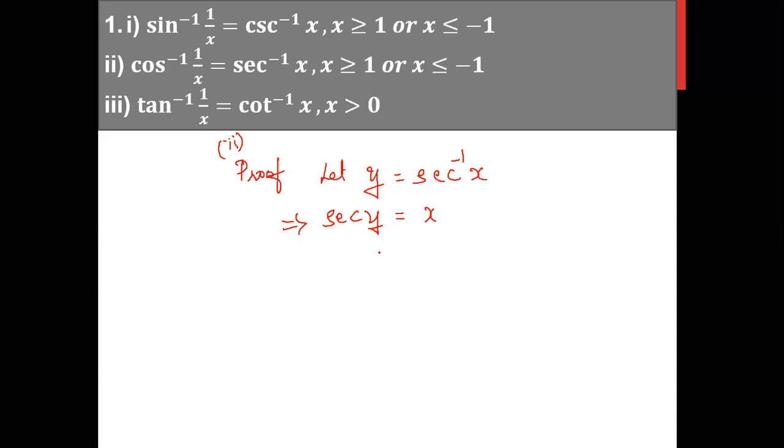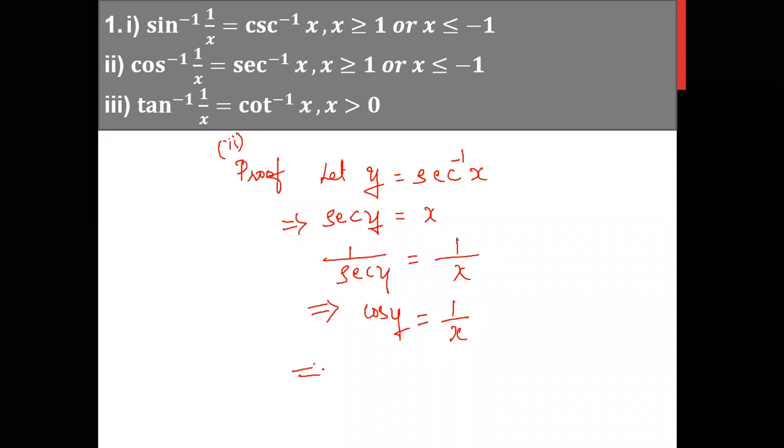What is the next step? Take the reciprocal on both sides. So it is 1 by secant y is equal to 1 by x. Good, Simran. But what is 1 by secant y? It is cos y. Good, Nitya Lakshmi. Good, Dekshita. Cos y is equal to 1 by x.